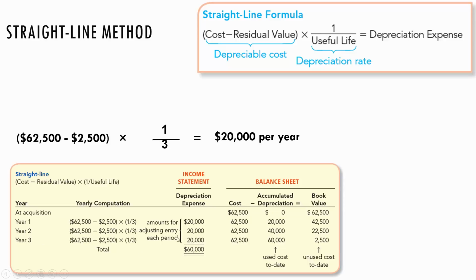So the first year's depreciation would technically be allocated based on the number of months in which the asset was used. So if you acquired this asset in the middle of the first year, then you would only have $10,000 in depreciation expense because you would have only had the asset for half a year.